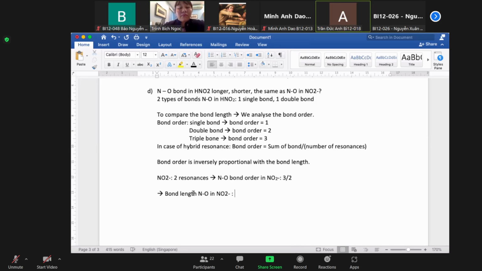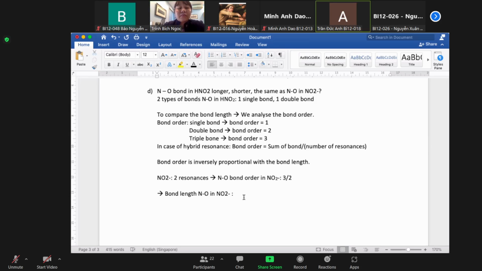The length, right? Yeah, the bond length of NO in NO2 minus will be shorter or longer with the single bond or double bond NO in NO2. You knowing that the bond order is like that. Yes.